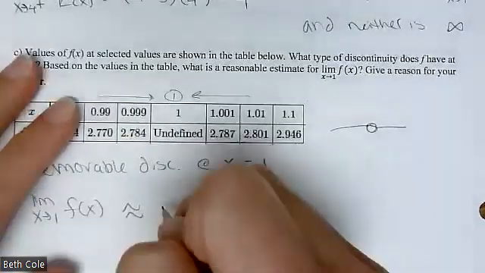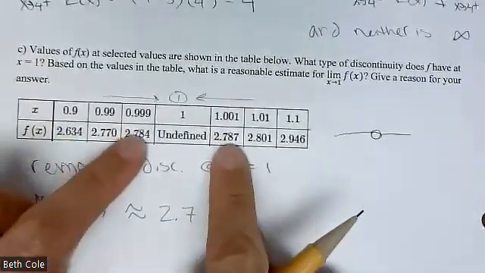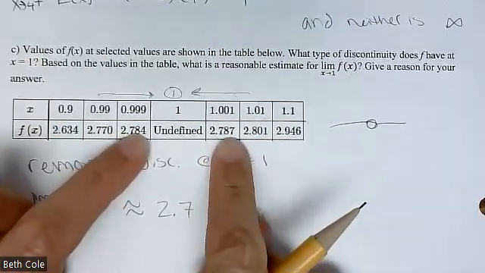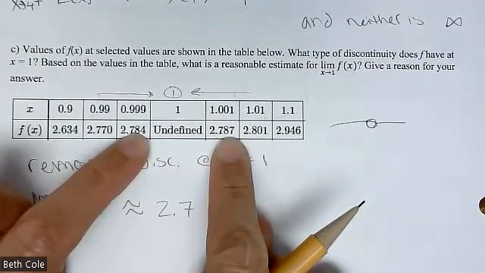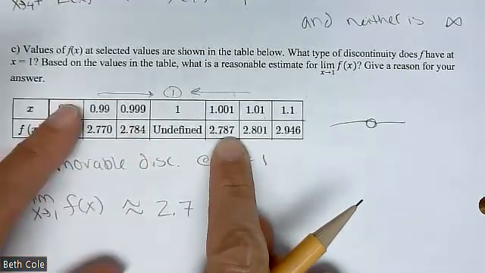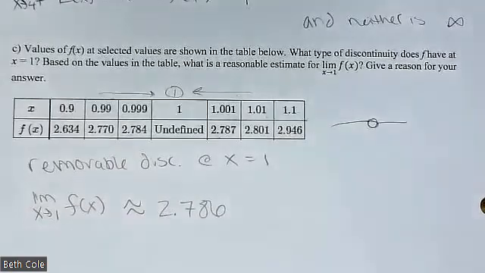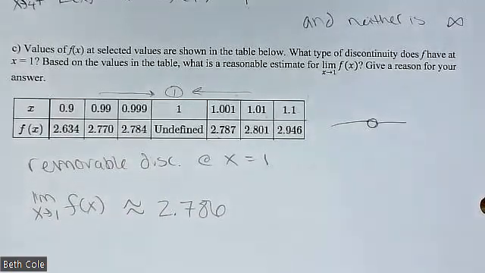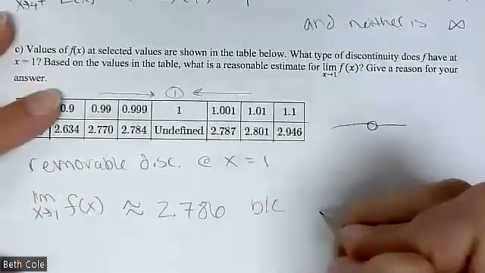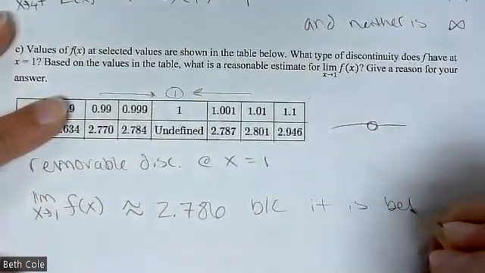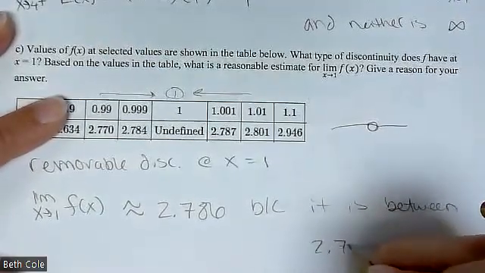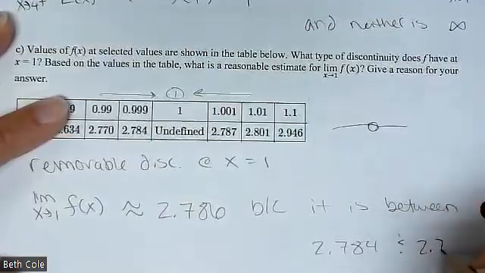So it's going to be 2.7. What's halfway between 84 and 87? Be 86, right? 6, yeah, 86. So 2.786, because it is between 2.784 and 2.787.